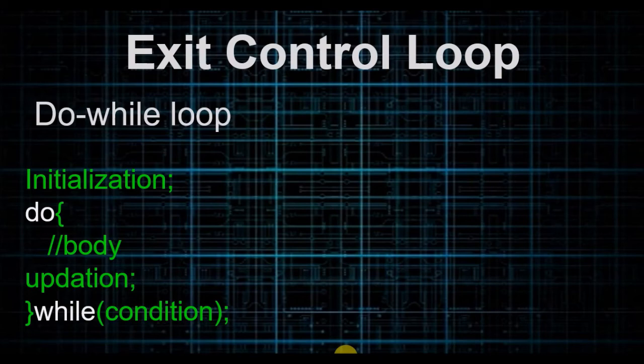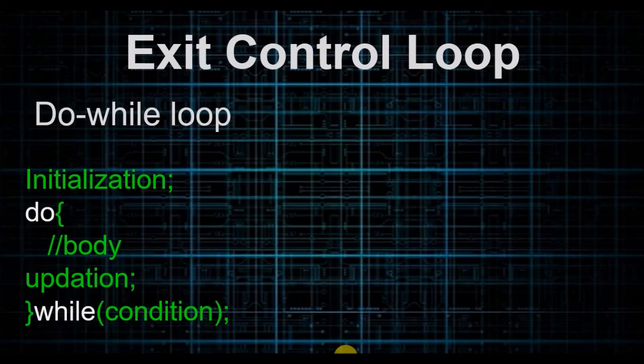It will be very clear with its syntax, so let's go through the syntax of the do while loop. So initialization, do, then body, updation. After that, you can see the body of do is closed, and then while, and within while the condition is put, and that is terminated by a semicolon.